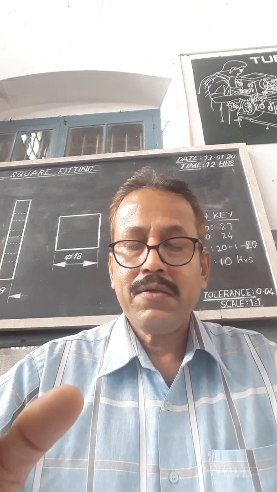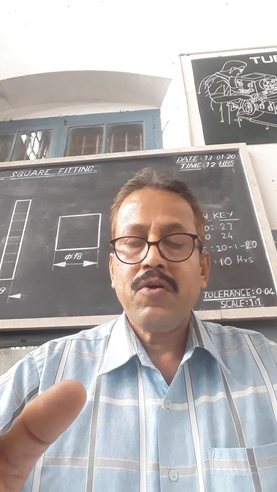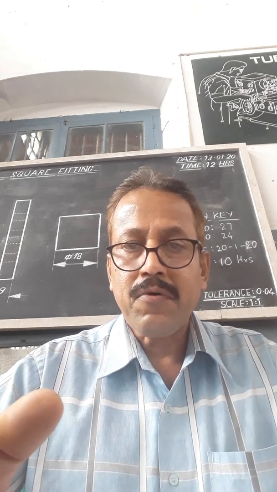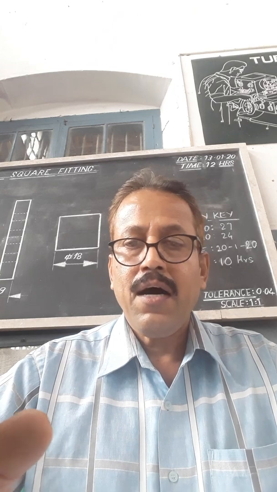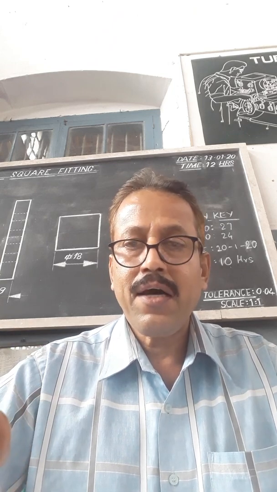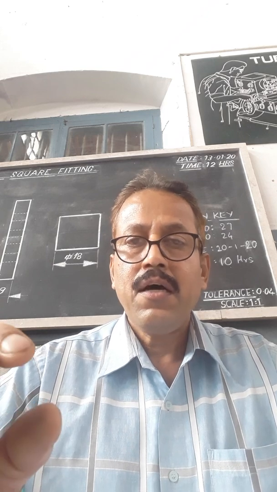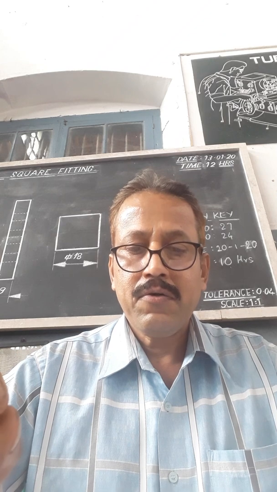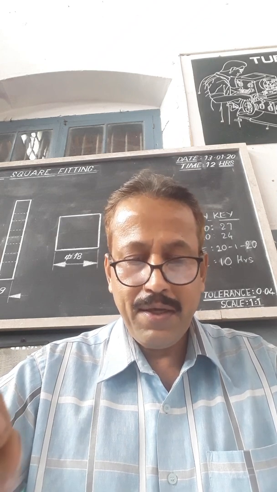So such a type of steel is used. These are hardened and tempered and lap finished, and the opposite sides are very accurately finished, and the particular size is maintained within the close tolerance. So these are called slip gauges.